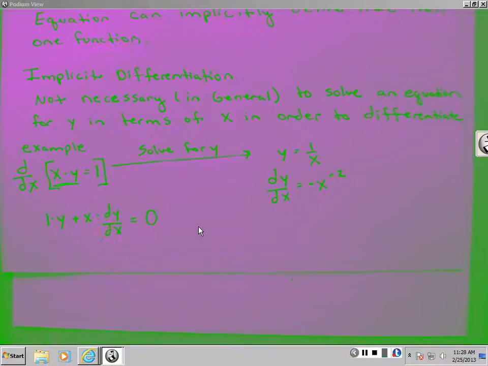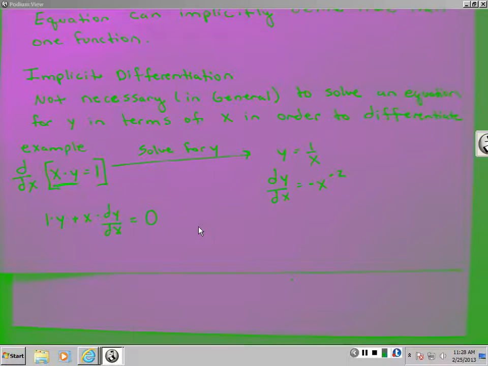So does anyone have any questions how I got this? Yeah, what did you do? So I took the derivative of x, held y. I got that. Does anyone have any questions on that? This step, I held x and I took the derivative of y. The derivative of y is what we're looking for, dy dx. Does that make sense? Eventually, we'll take the derivative with respect to t or something.